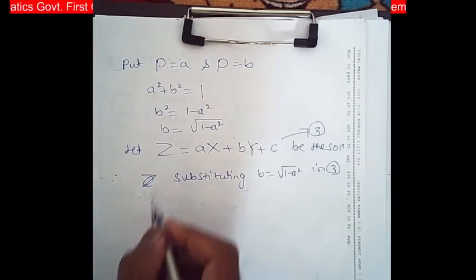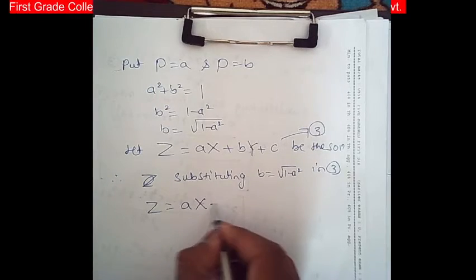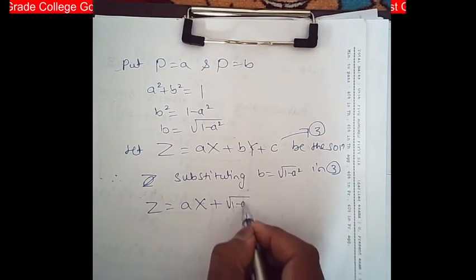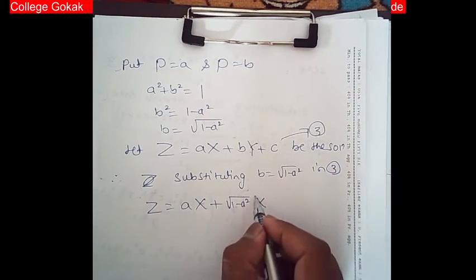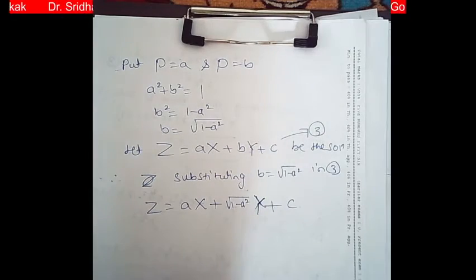Substituting in 3, we get capital Z is equal to a capital X plus b, meaning square root of 1 minus a square, capital Y, then plus c.